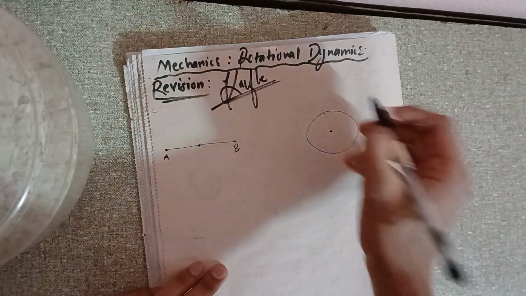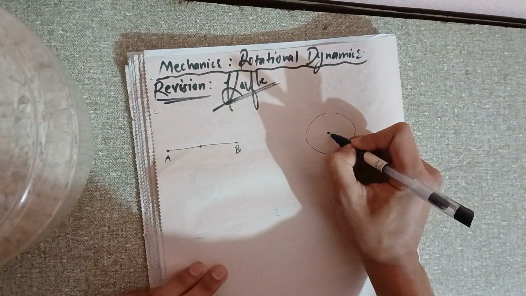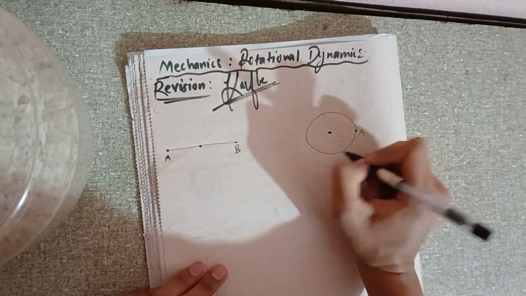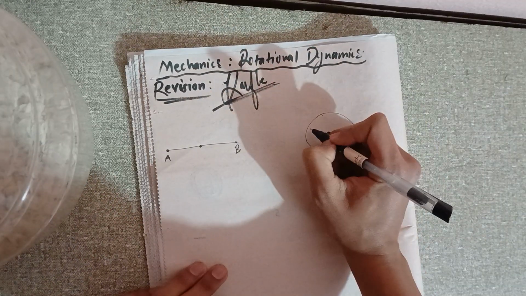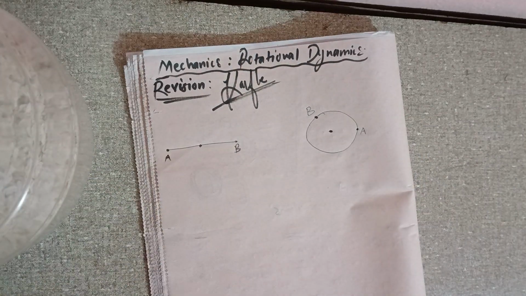Similarly, we have a rotational route, where an object at point A reaches point B in a circular path.